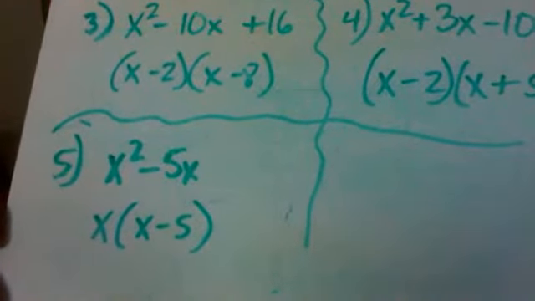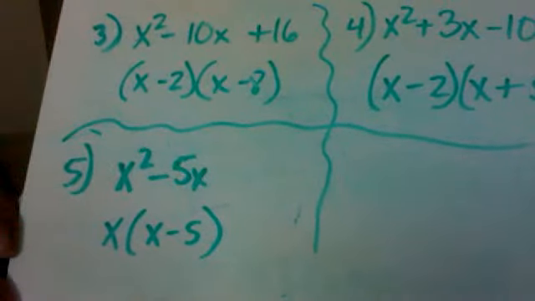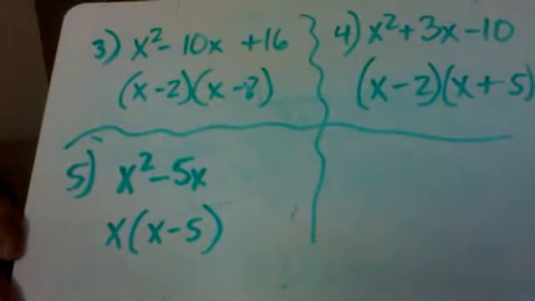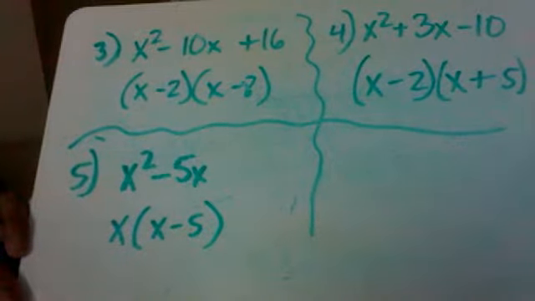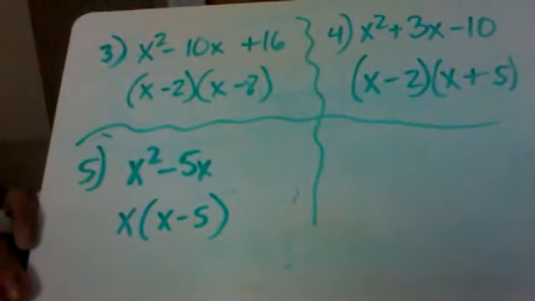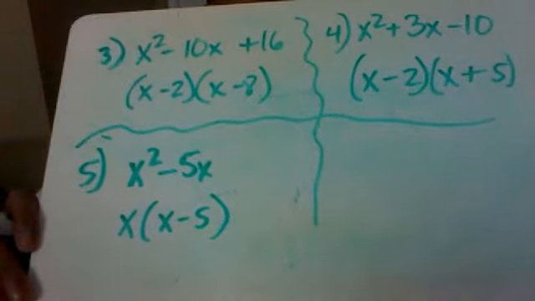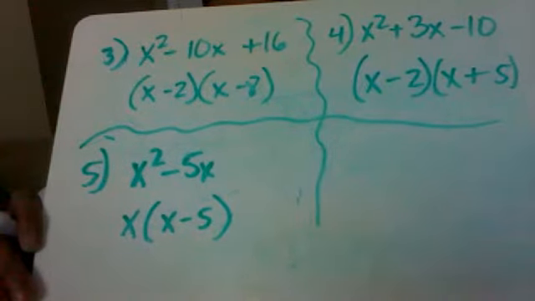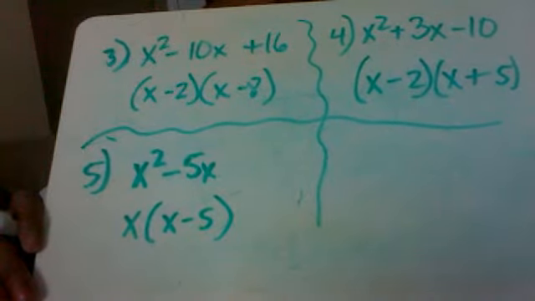You still have simplified it, you've factored out an x. That's what it's called. Just looks a little different between 1 through 4. And you would check this by using the distributive property. Simply multiply back x times x, giving you x squared. x times negative 5, giving you negative 5x. So check by using the distributive property.